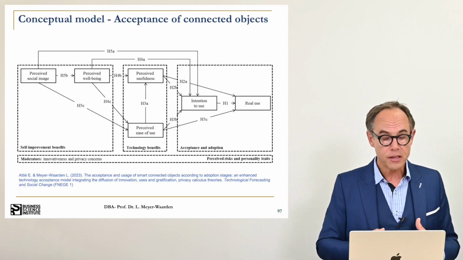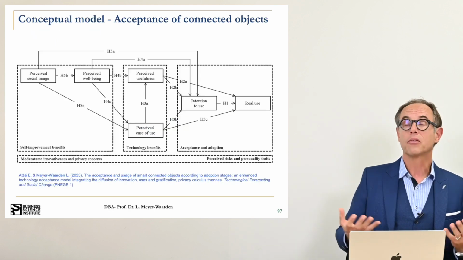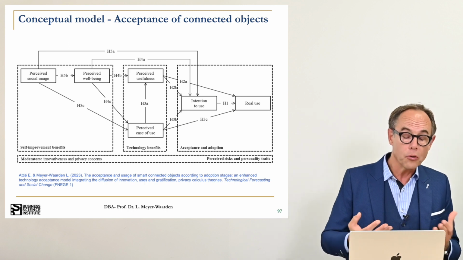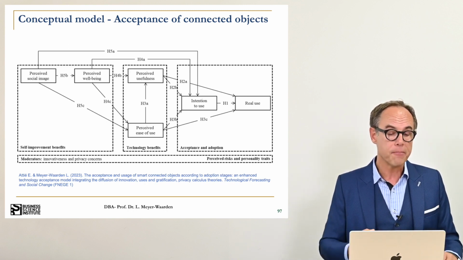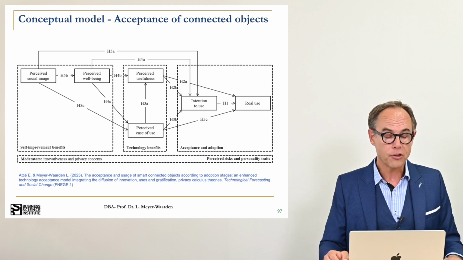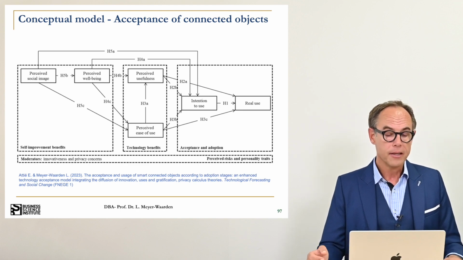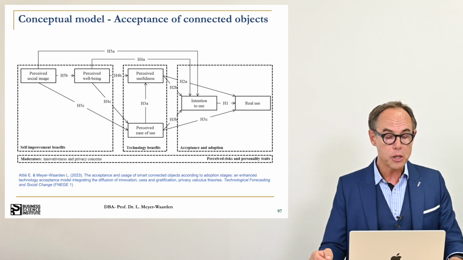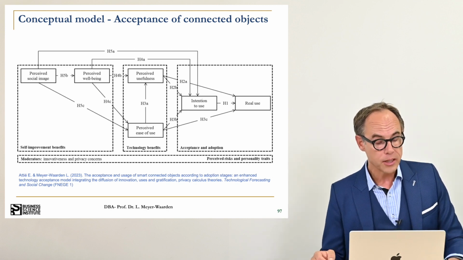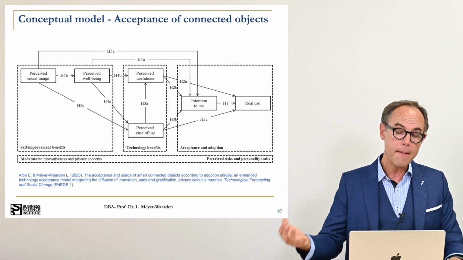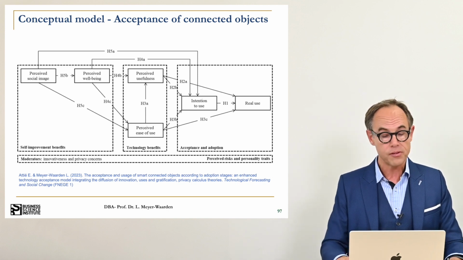So here we have developed our hypotheses. They are then summarized in conceptual frameworks, which I won't detail anymore because we have seen the hypotheses in detail. But here is, for example, the model for acceptance of connected objects. You see actually the UT technology benefits in the middle. You see the social recognition and well-being on the left side, which should impact the benefits and intention to use.